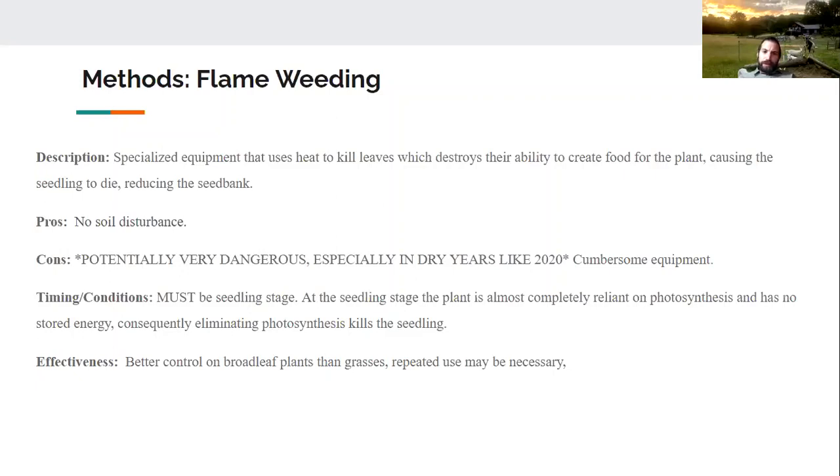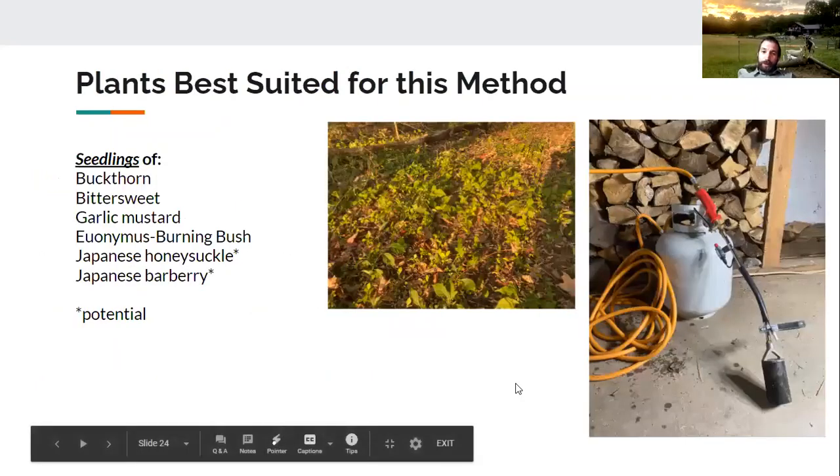So the effectiveness is better control on broadleaf plants. Grasses have evolved to repeatedly replace their top growth, and repeated use can be difficult. It can also use a tremendous amount of propane.